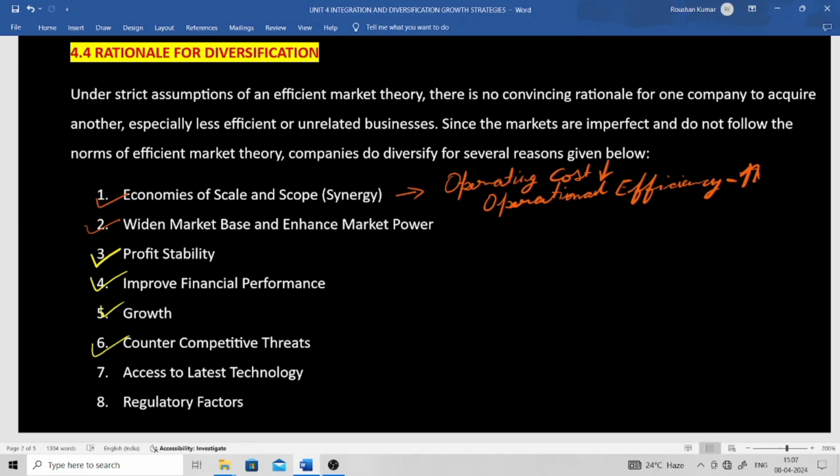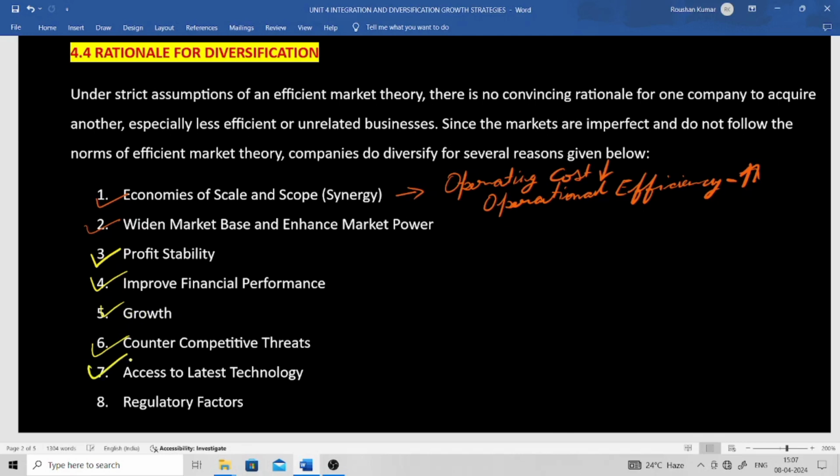Because if any one organization has the technology required for competing in a particular industry, then by diversification, newer technologies can be accessed by the organization which was not able to get that technology.